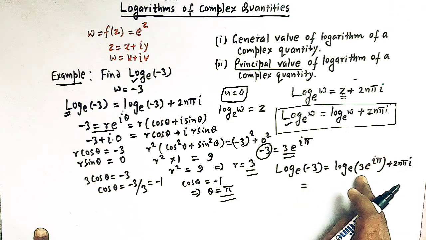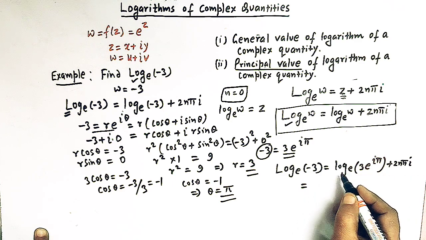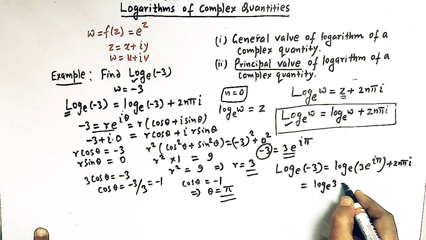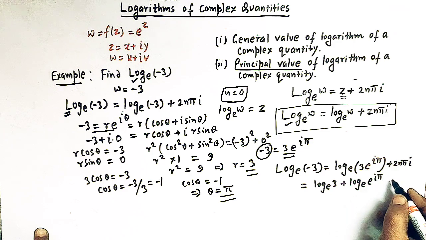So let us now simplify this expression. So applying the rules of logarithm, that is the product rule, we can now write log of 3 plus log of e raised to i pi, and then we have 2n pi i.